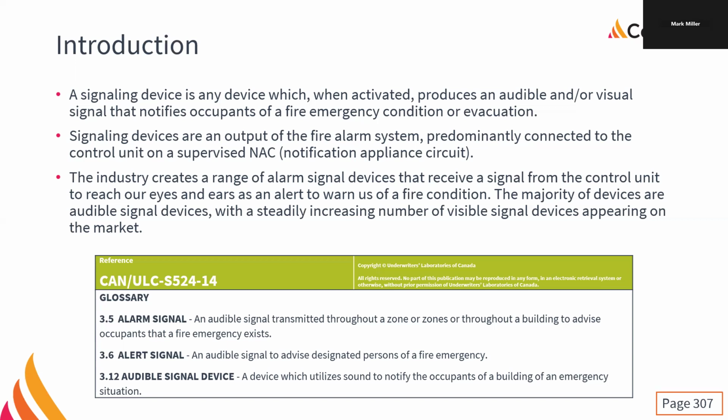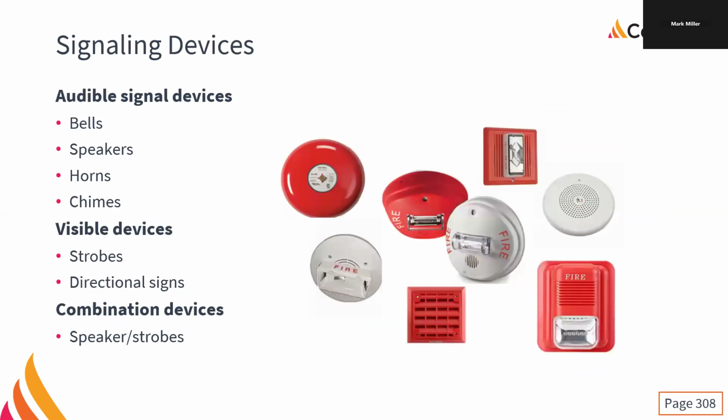We have our alert signal, that is the first stage of a two-stage system that's going to advise people of a fire emergency. And then the alarm signal is telling us to evacuate the building. And that tells everyone in the building, you have to get out. A fire emergency exists. Like first stage and second stage.